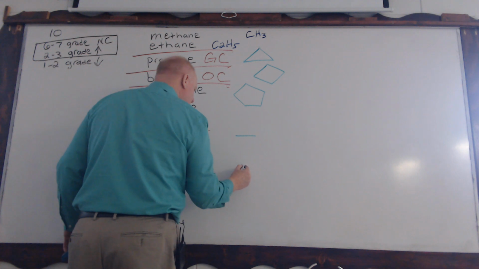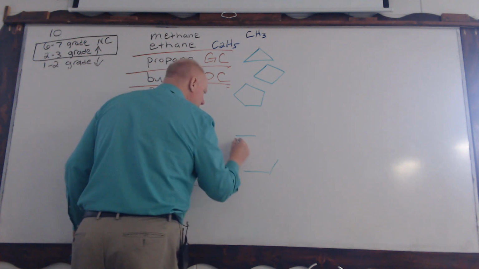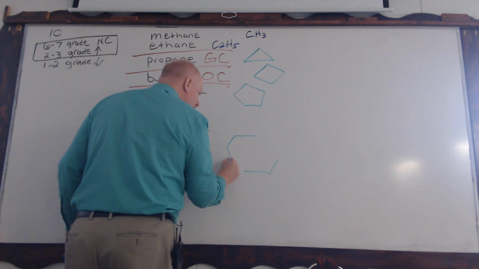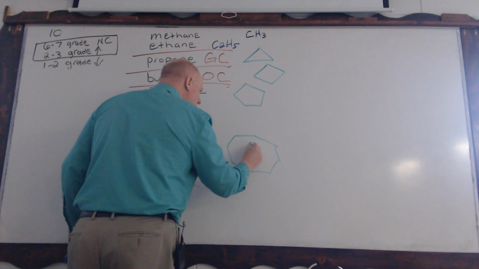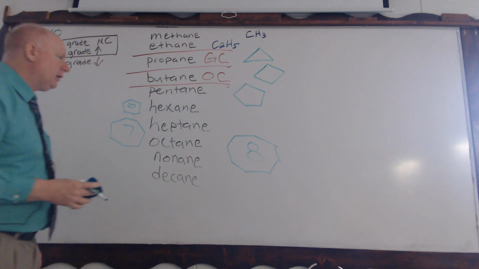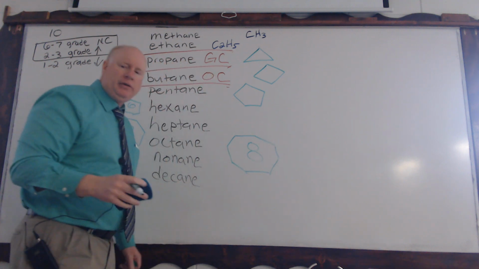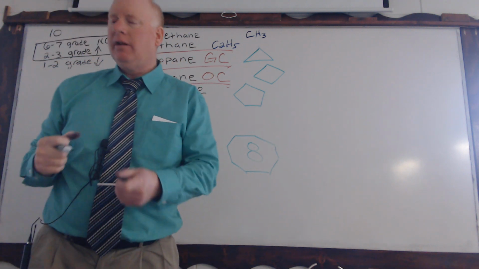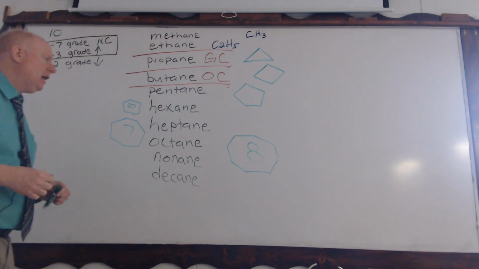Sometimes maybe it's better to do this. That's a good one. Okay? So I'm not even going to try to do cyclononane. And then, of course, you'll never have to do cyclodecane. I mean, there's just no way we want you to waste time on doing that.